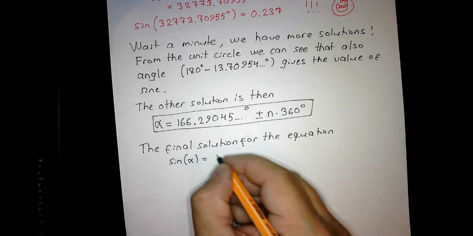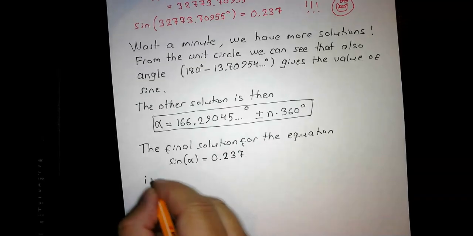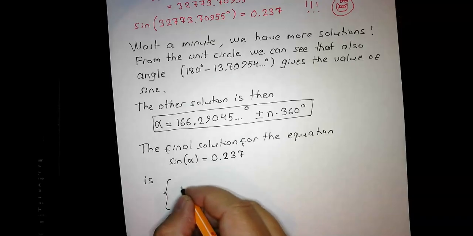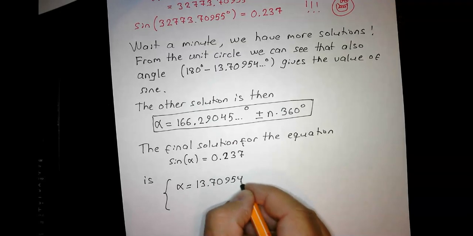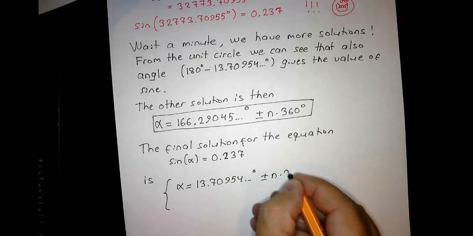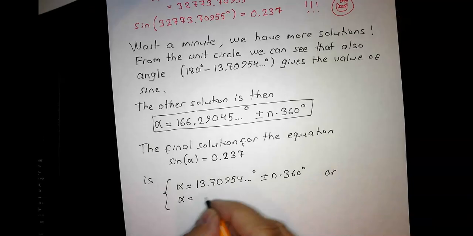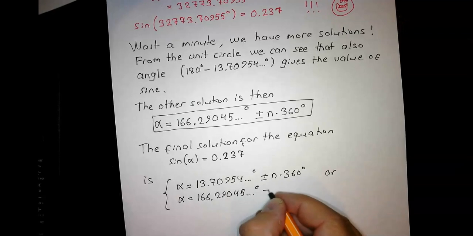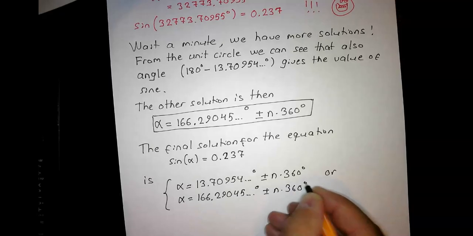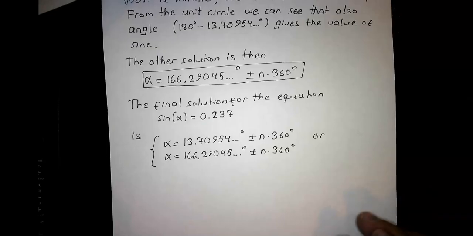Sine alpha equals 0.237 is this, and the other one is this here. Of course you could round that number there if you like, but these are all the possibilities.